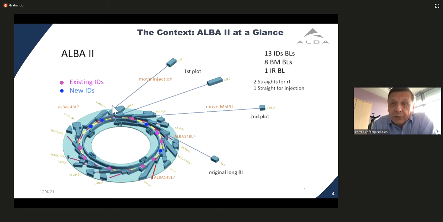And there will be 13 ID lines. Of the 13 ID lines, we will have 4 which are either long or can be built long or medium length. So this obviously gives a bunch of new opportunities for really extreme kinds of experiments.